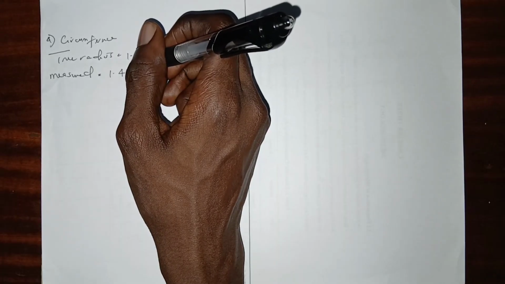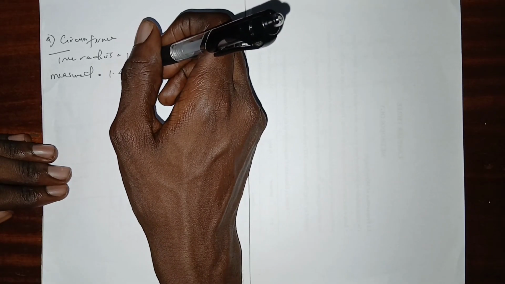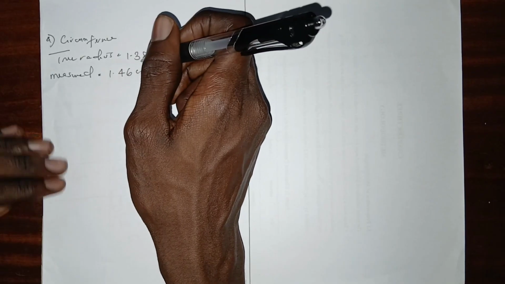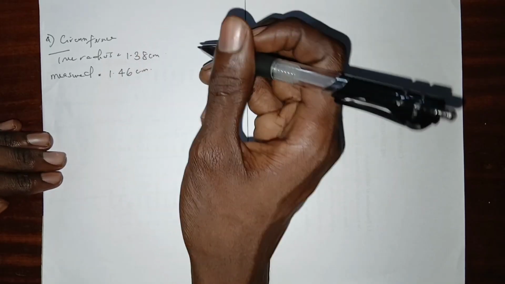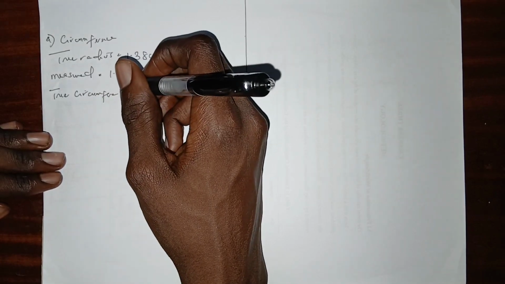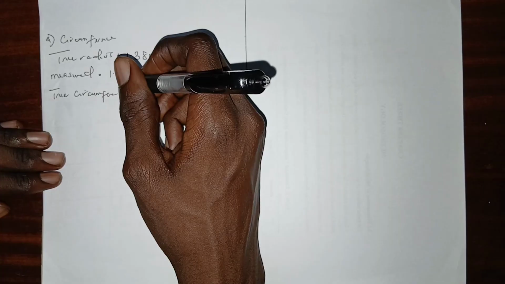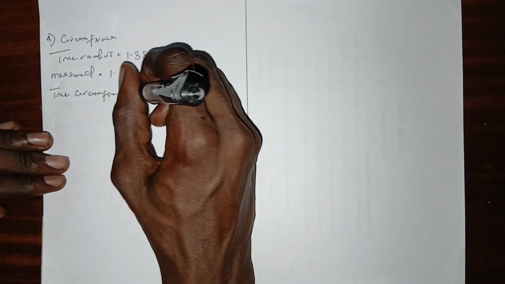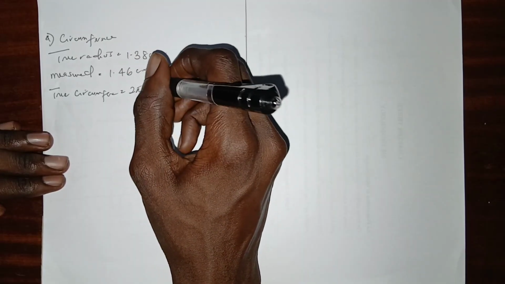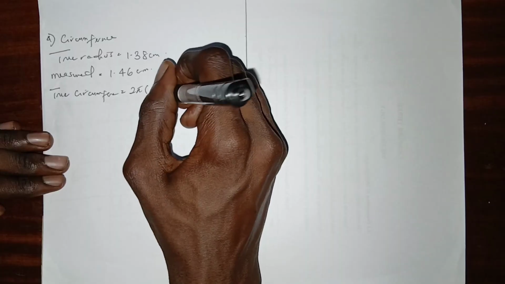To look for the circumference, the true circumference will be, using the formula, 2 pi r, with our radius 1.38 centimeter.